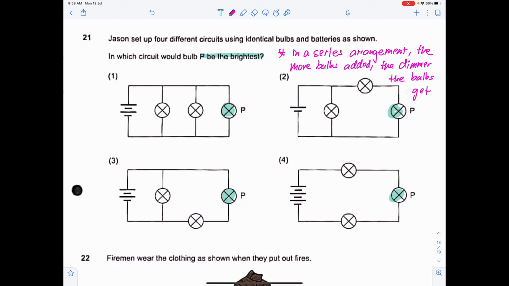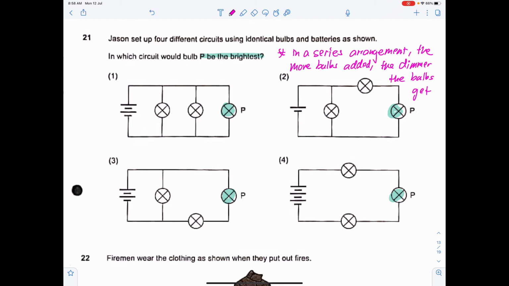Okay, so that is for your series arrangement. For your parallel arrangement, it does not drop in terms of brightness. When the bulbs are arranged parallel to each other, the brightness remains the same with each additional bulb that is added.